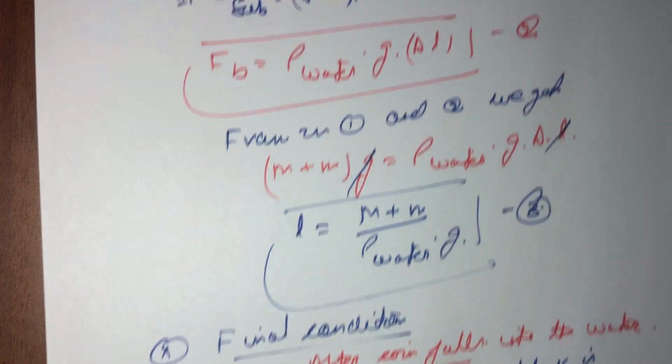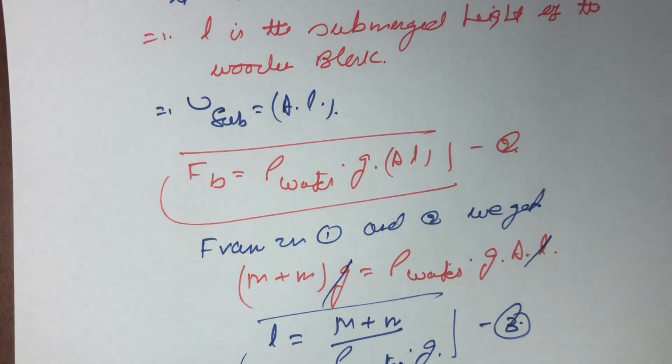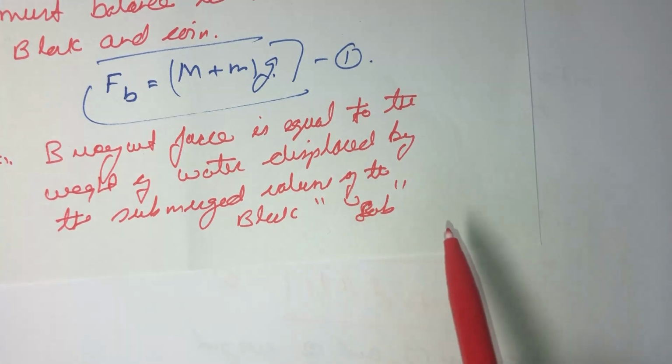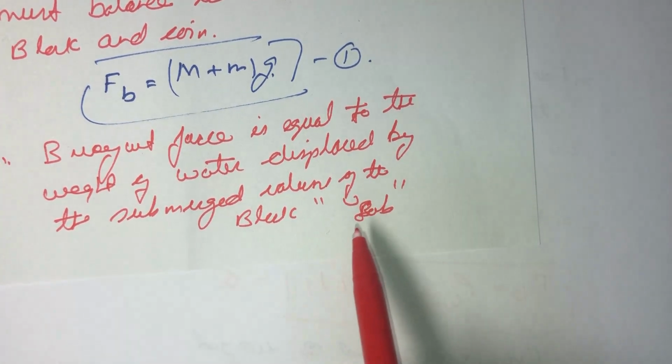Now once again we are going to find out, previously we assumed that the submerged volume was V sub. Now we are going to assume that the submerged volume is V prime sub.